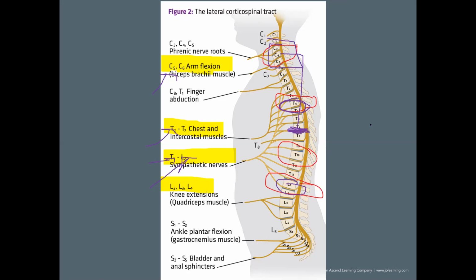So if these are still intact, but our phrenic nerve is not, we may still have some intercostal muscle contractions happening.